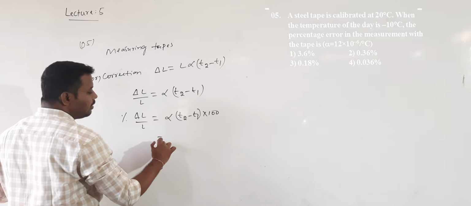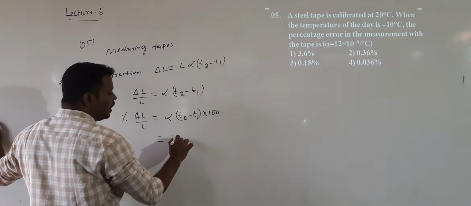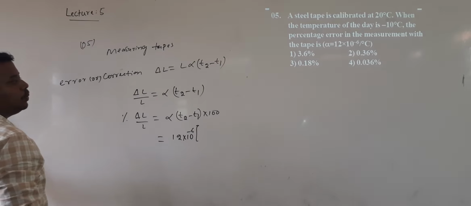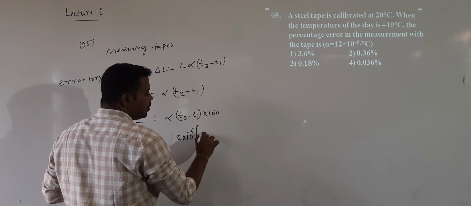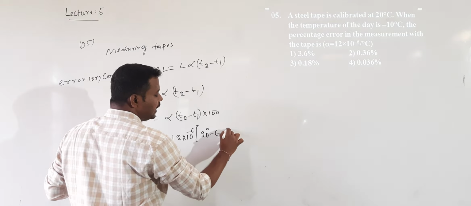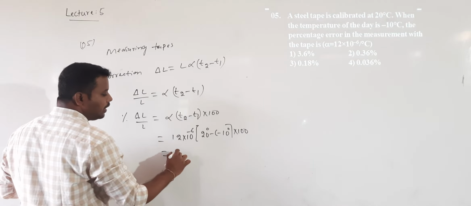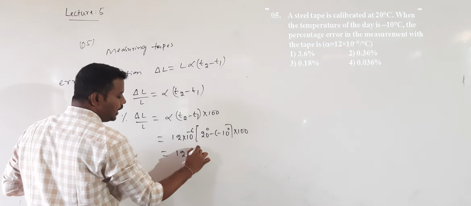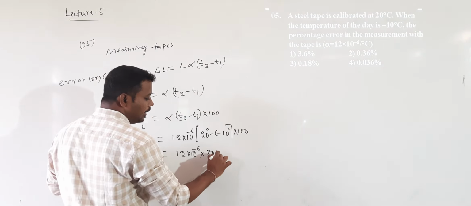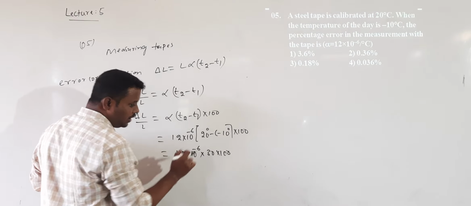Alpha is given as 12 into 10 power minus 6, into T2 minus T1, that is the final temperature 20 degrees minus of minus 10 degrees, into 100. Minus into minus is plus, so 20 plus 10 is equal to 30.